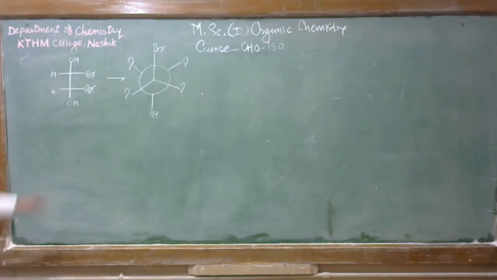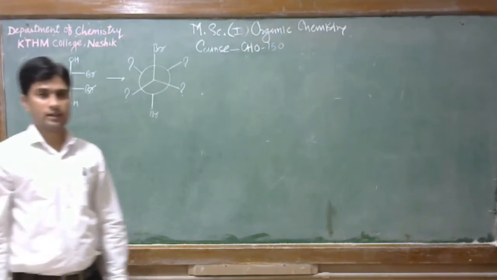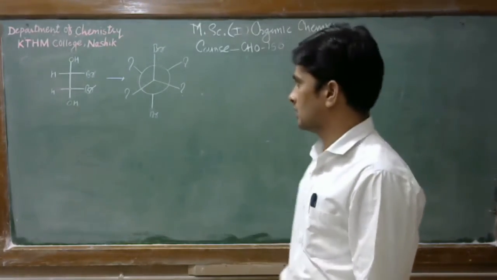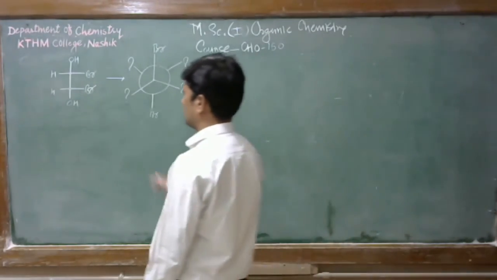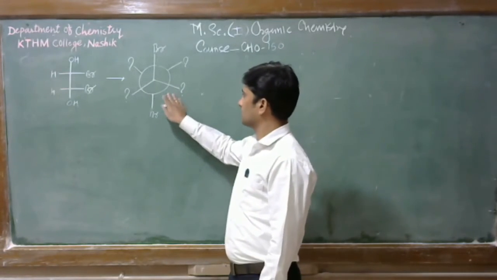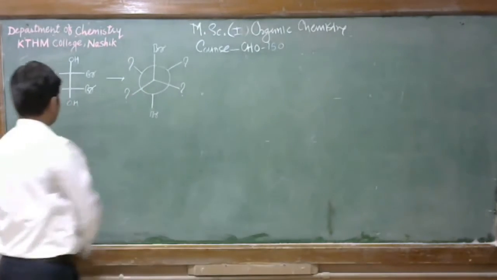By converting the Fischer projection formula into the Newman projection formula, such a type of question is asked in examinations for 4 marks. We have to first convert the Fischer projection formula into the Newman projection formula, and then find out these 4 groups at these positions.